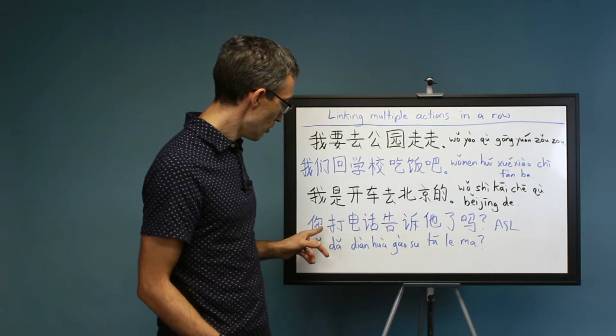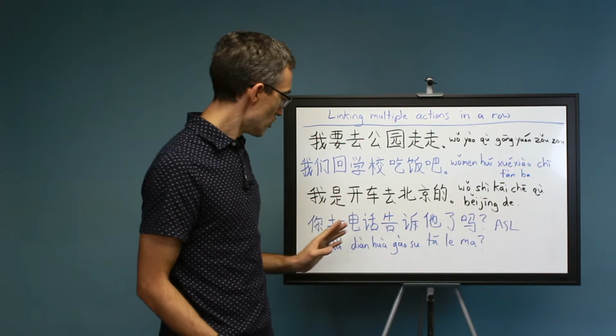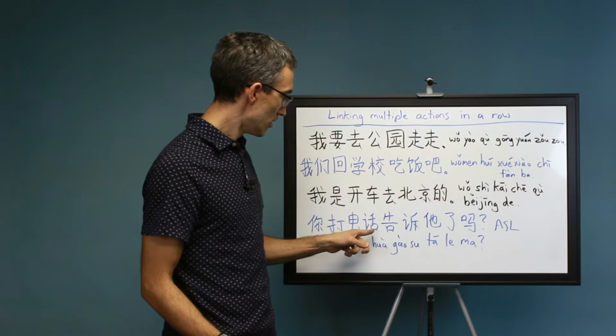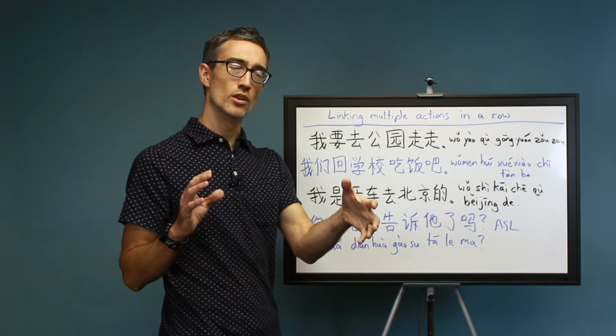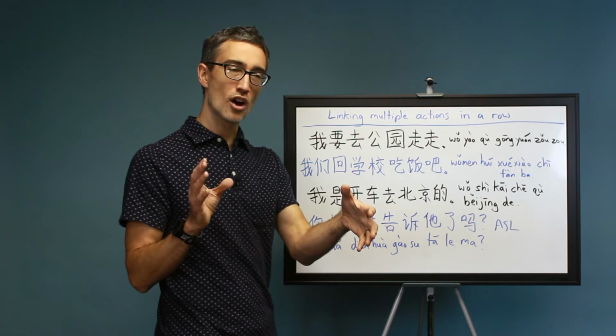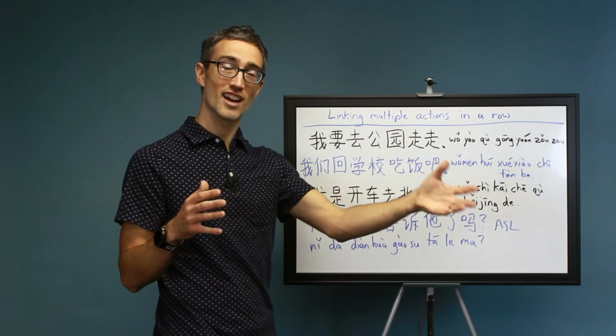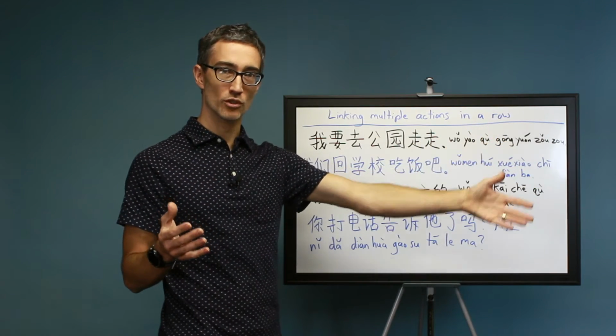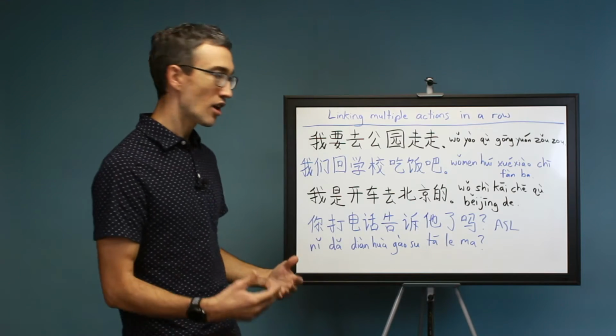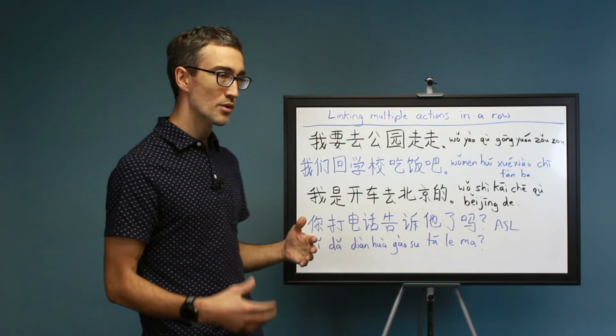And ma makes it a question. So did you call to tell him? Did you call and tell him whatever you were supposed to tell him? That's how we would say that.